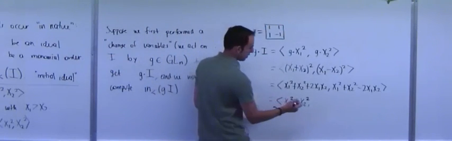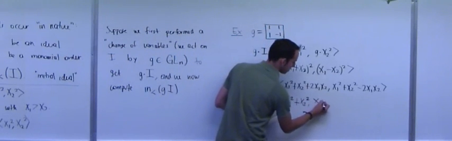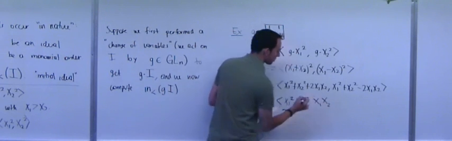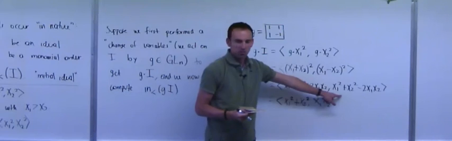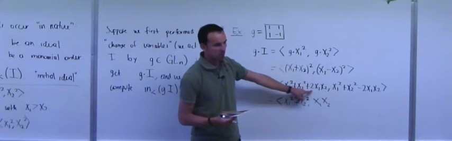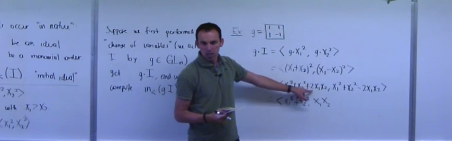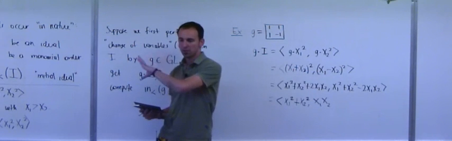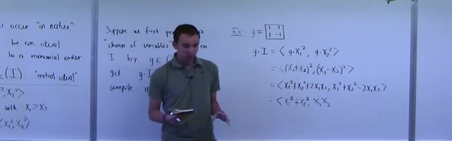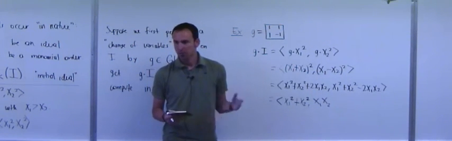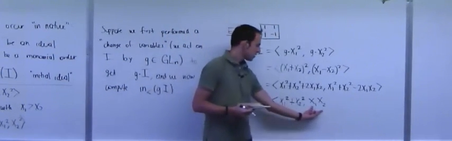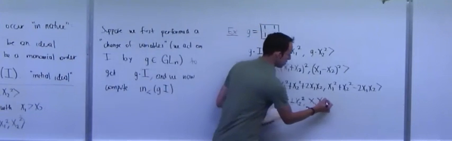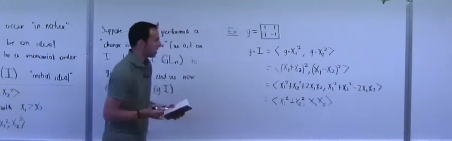And I can generate x1 x2. Right? If I add these two guys, I get 2 times x1 squared plus x2 squared. If I subtract them, I get 4 x1 x2. And remember that I assumed throughout this whole discussion that the characteristic is 0, which means that I can divide by 2, I can divide by 4. Okay? So I get these two guys, and so this is my ideal.